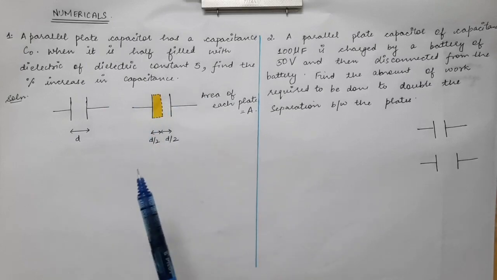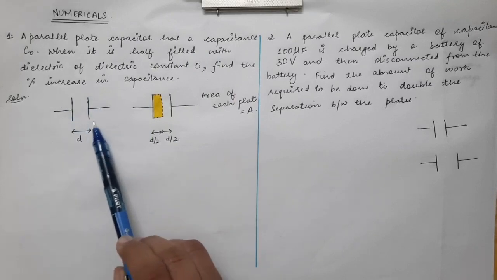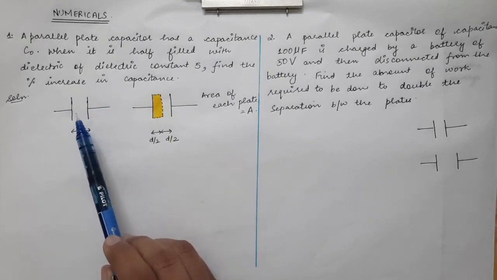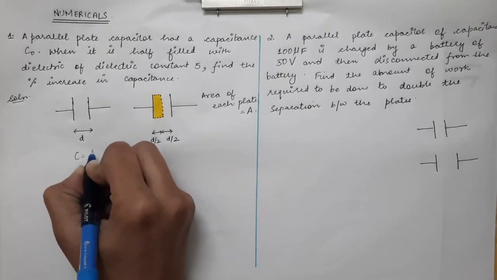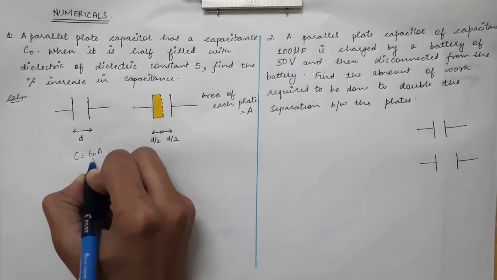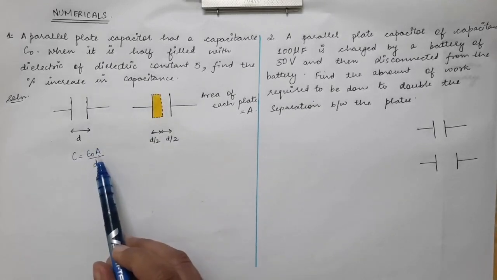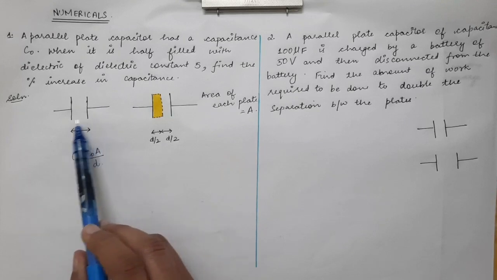First of all, the concept that we have already done is that a parallel plate capacitor has a capacitance, and what is the formula of the capacitance? The capacitance is equal to epsilon naught into capital A divided by small d, where capital A is the area of each plate and small d is the separation between the two plates.